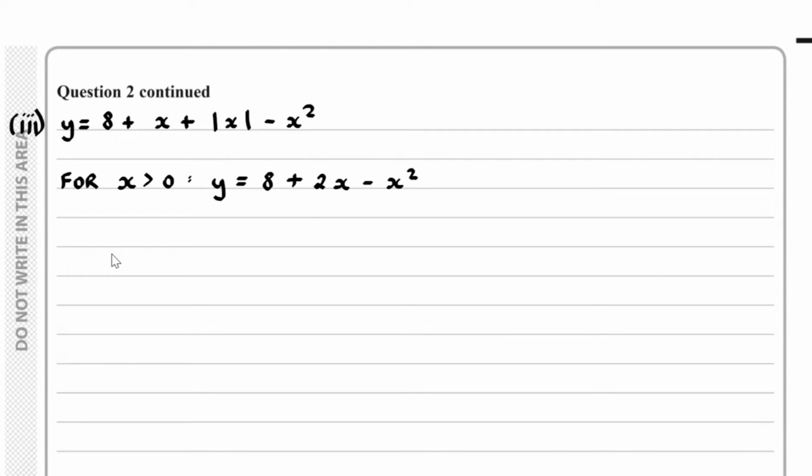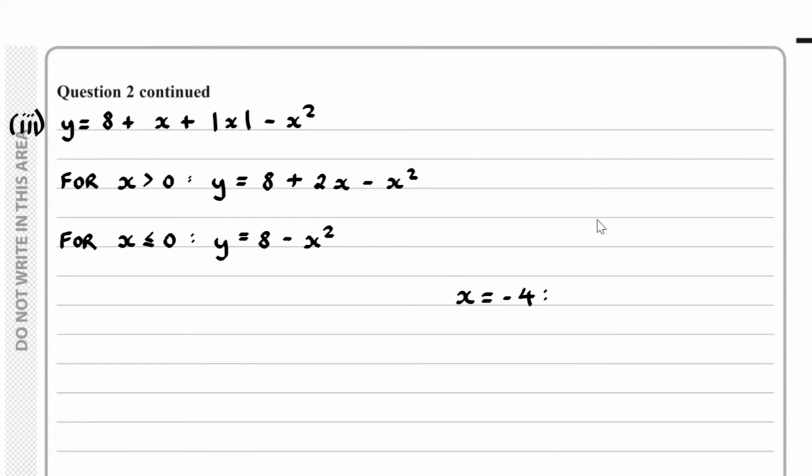But for values of x being less than or equal to 0, we will end up with the graph of y equals 8 minus x squared. Now, why is this the case? Well, suppose I have on the side, let's write it down, x equals minus 4.